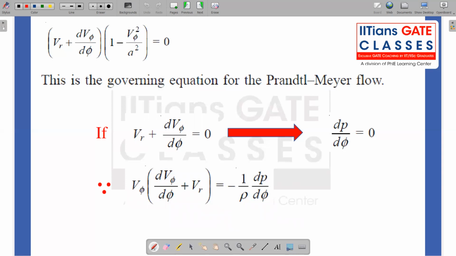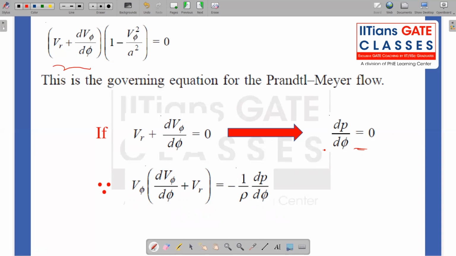So now I have to decide which of these two quantities has to be 0 to become a valid expression, right? So if I put this term vr plus dv phi by d phi equal to 0, what happens? That results in dp by d phi going to 0. Why?